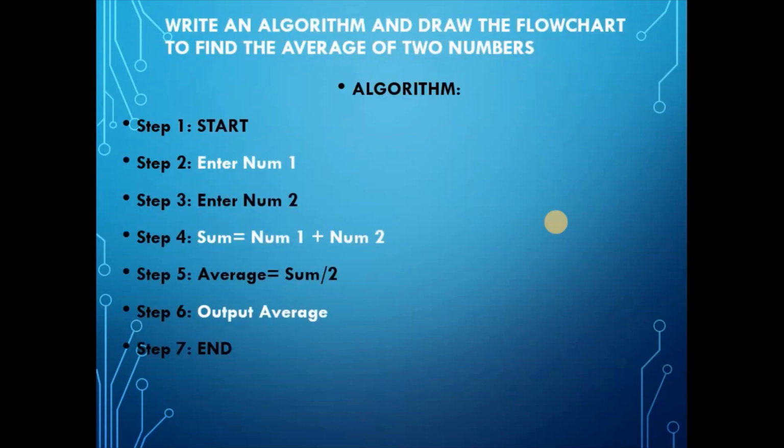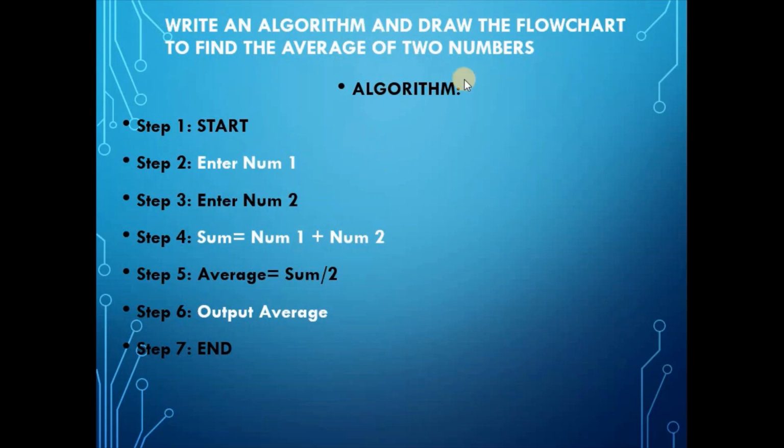Now, the first example, or well, the only one for this video that we're looking at, the question said, write an algorithm and draw the flow chart to find the average of two numbers. The first thing that we will want to sort out is the algorithm, and we earlier referred to that as the English version of writing our steps, what we're going to do for each of the processes.